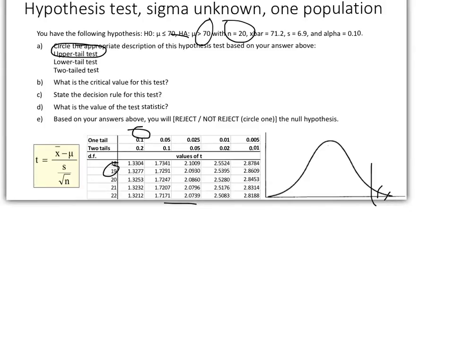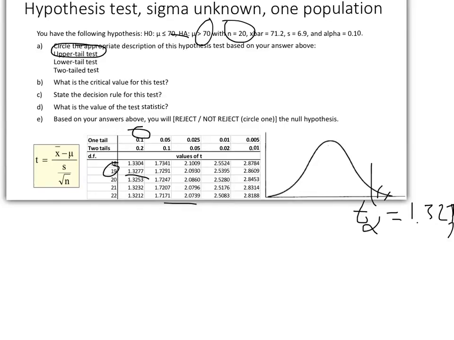Okay, so that's that column here, and so our critical value, T of alpha, is 1.3277. It runs off the screen a little bit there. Okay, so T of alpha is 1.3277.